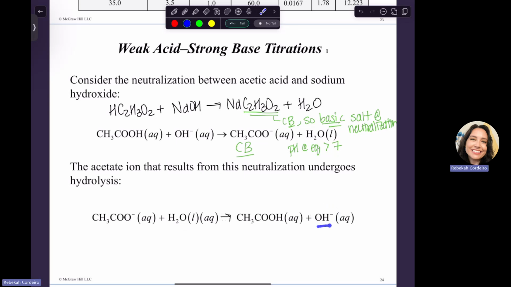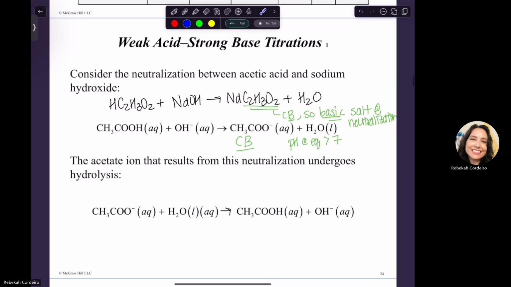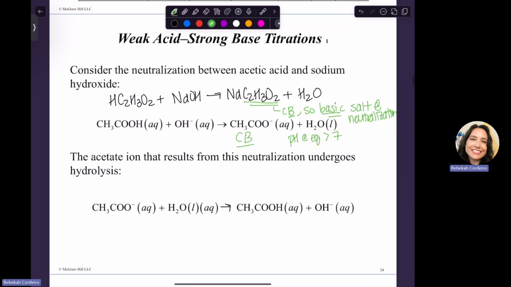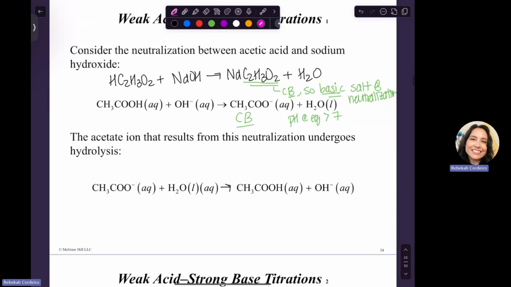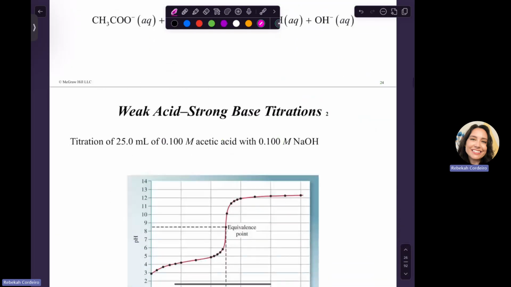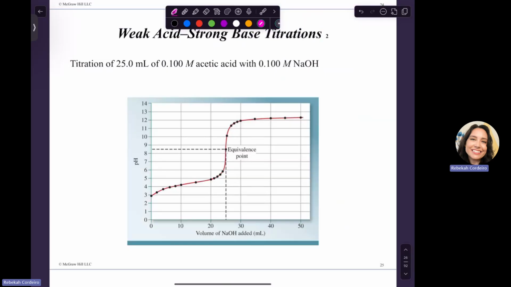And so this gives you that more basic pH, because we know that acetate ion is going to do base stuff. So essentially, remember what our pHs look like for these different equivalence points. We see here how the pH is higher than 7 at the equivalence point. Remember, the equivalence point is halfway down that very vertical line. And how much did we add to get that? Around 25. So we could use that number to help us do some math.